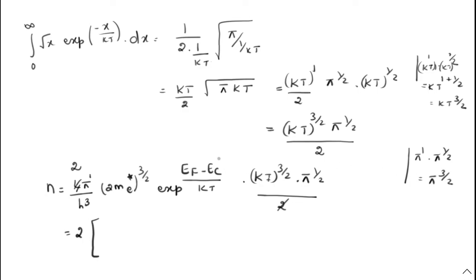So kT is also having power 3 by 2, pi is also having the power 3 by 2, 2me star is having the power 3 by 2. So all the terms I am going to write within a single bracket of the power 3 by 2. So 2 as such, 2 can be written, and then pi is also having the power 3 by 2. So pi, okay, and then me star, okay, that is also power 3 by 2 kT. See, all the terms are having the power 3 by 2.